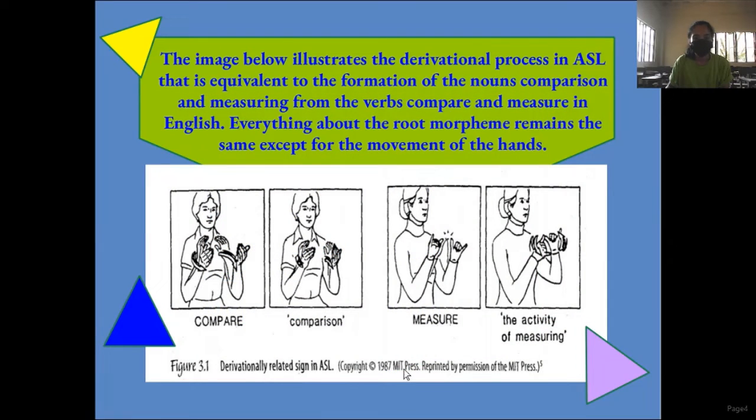This image below illustrates the derivational process in ASL that is equivalent to the formation of the nouns comparison and measuring from the verbs compare and measure in English. Everything about the root morpheme remains the same except for the movement of the hands. So these are the sign languages.